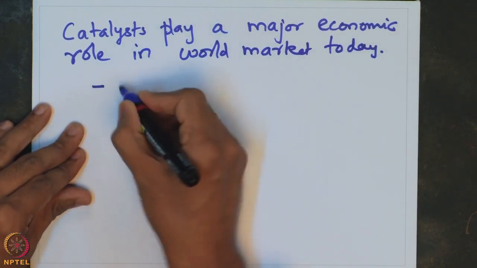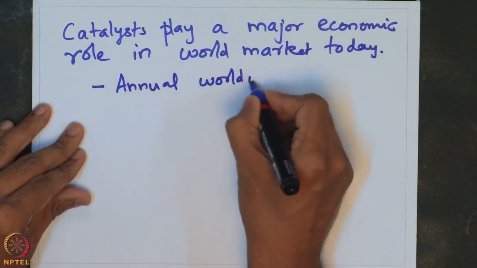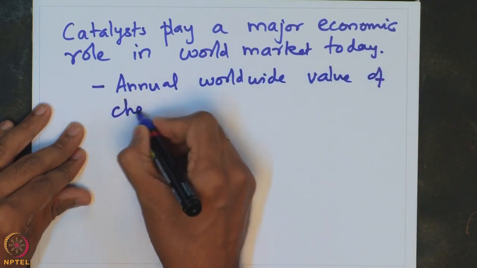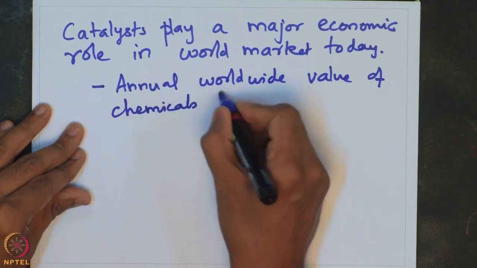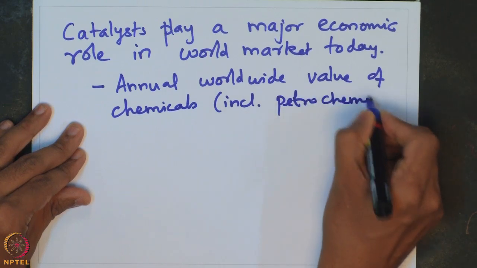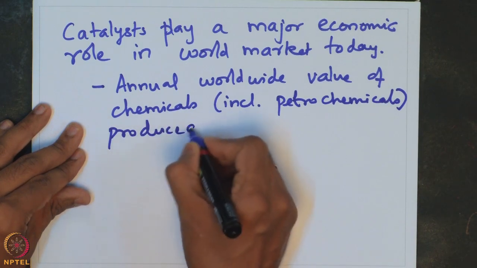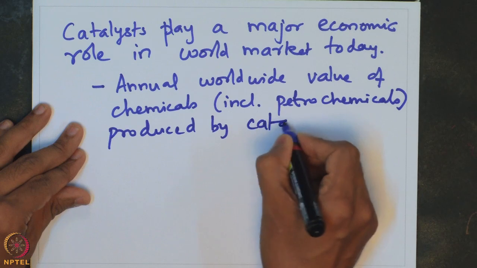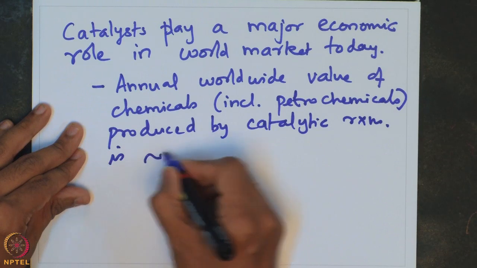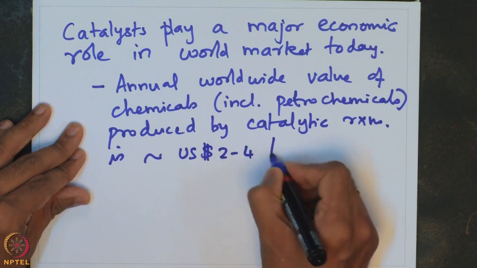For instance, the annual worldwide value of chemicals, which actually includes petrochemicals, produced by catalytic reactions, is valued at approximately US dollars 2 to 4 trillion.